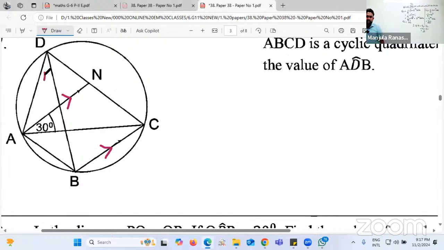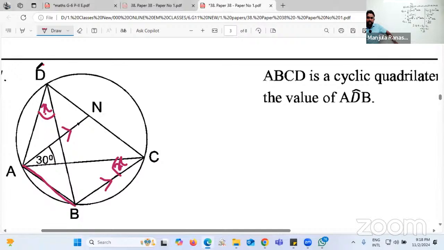I write it as X. Now check that. If this is X, this is also X. What is the reason? From the chord AB, the angles subtended in the same segment, here D and here also C, are called the same segment angles. They are equal, X, X.